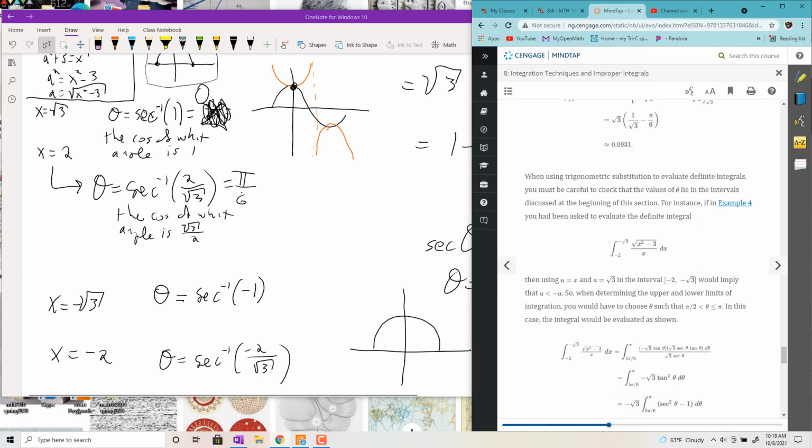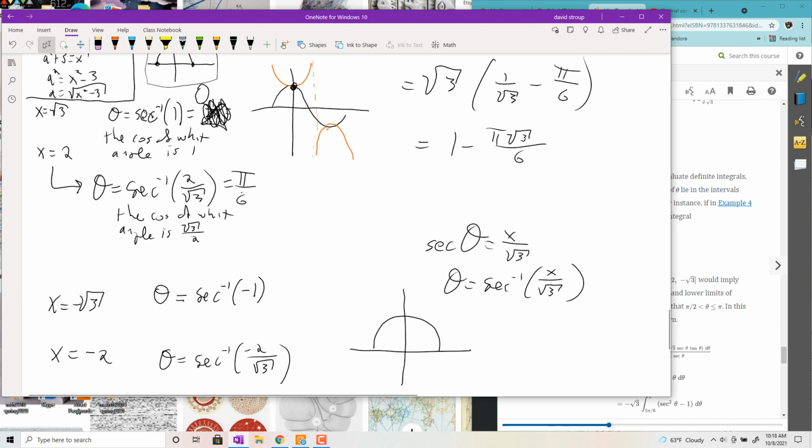In particular, we're going to have to choose, so these are negative. For the first one, I'm asking myself the cosine of what angle is negative 1. And of course, that will be just pi. That's this point over here.